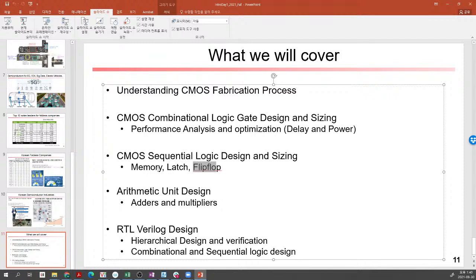Using that memory value and the current input value, the current output is evaluated. So combinational logic output depends only on the current input, but sequential logic output depends on the current input and the previous history.